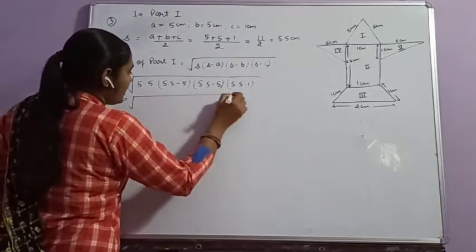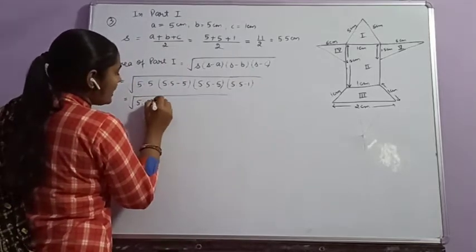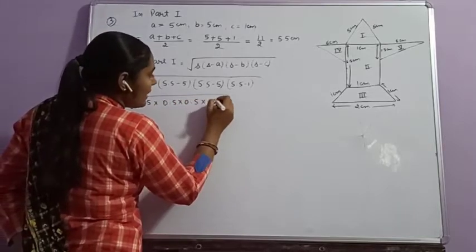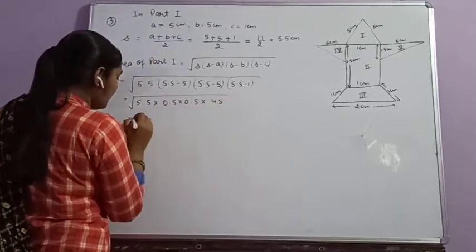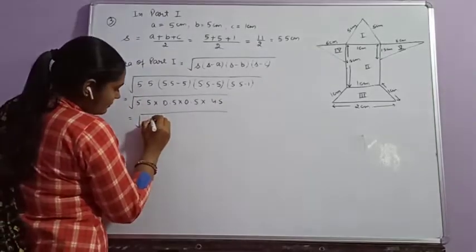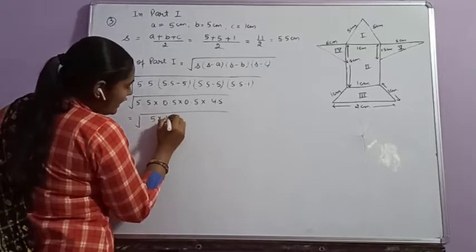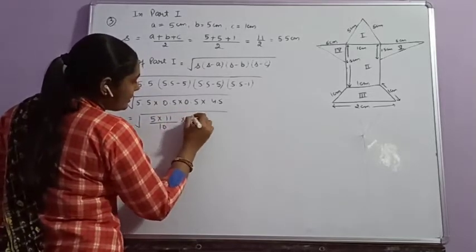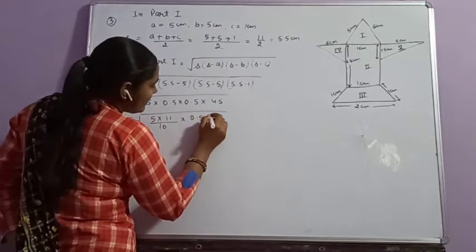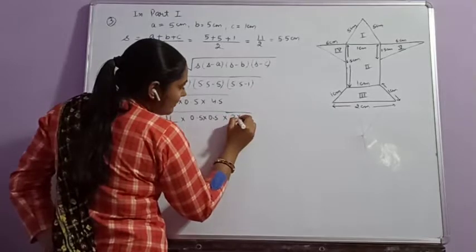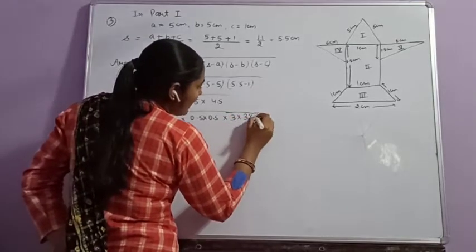By simplifying it, 5.5 multiply with 0.5, multiply with 0.5, multiply with 4.5. Clear? It can be written as 5.5, that is 11 divided by 10, multiply with 0.5, multiply with 0.5, multiply with 3, multiply with 3, multiply with 5.